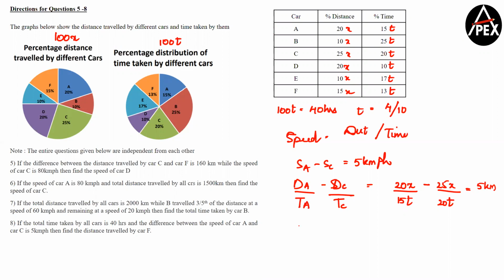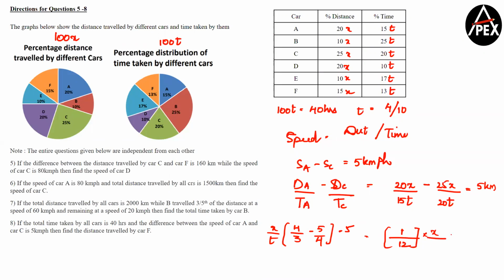So 4 by 3. If I take x by t common, 4 by 3 minus 5 by 4 is equal to 5. Yes. LCM will be 12. 16 minus 15 by 12, that is 1 by 12, into x by t.